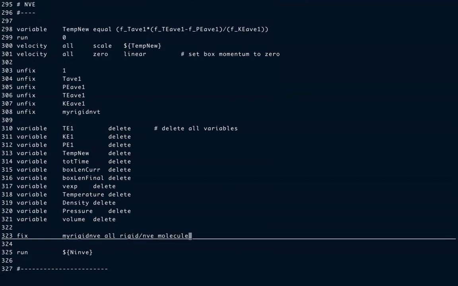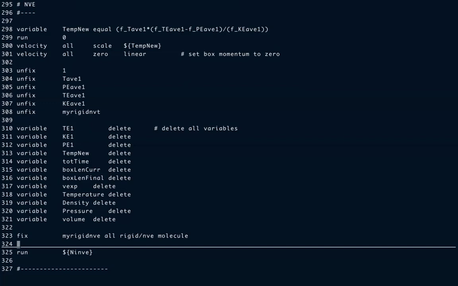It is noteworthy that now I do not specify a temperature or a pressure since there are no barostats or thermostats affecting the dynamics of the molecules in the NVE phase. This is also the phase that is native to molecular simulations.